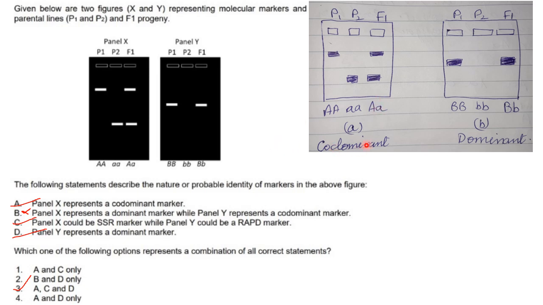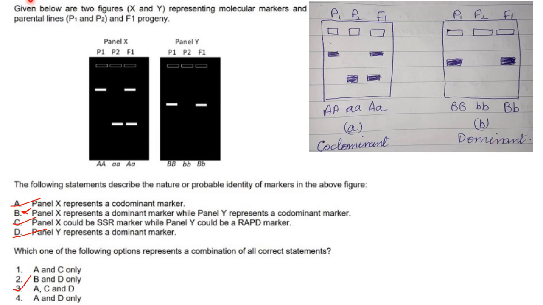So it is a codominant marker, whereas in the dominant case, you will get only a single band in the F1 progeny. See here, only the dominant band is shown, whereas the recessive band is not present in the case of dominant markers. Now, codominant markers can discriminate between homozygote and heterozygote, whereas dominant markers do not.